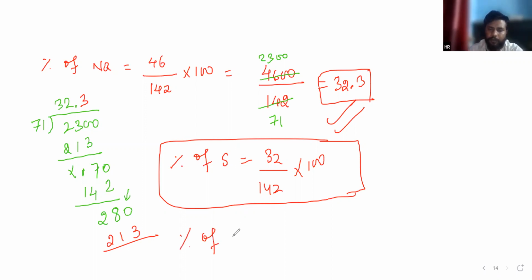Next. Percentage composition of oxygen will be equal to 64 upon 142 into 100.